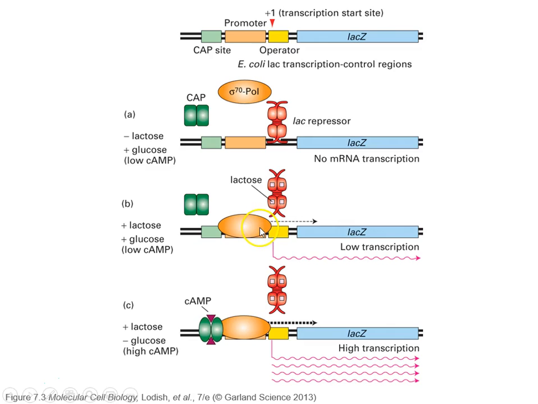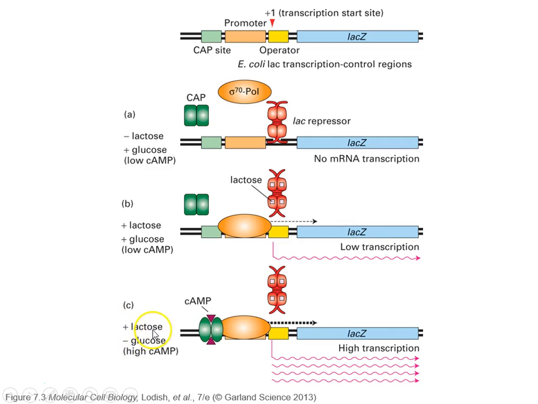So the RNA polymerase can bind, and the lactose repressor is not bound because these little pink squares here are the molecules of allolactose. Allolactose is bound because remember, if we have lactose, then we have some allolactose being formed. And we can explain this by saying that we have a low amount of transcription. So we have a little bit of beta-galactosidase being made, but not the maximum amount possible because we don't have CAP here to stimulate the RNA polymerase. So that's what happens here.